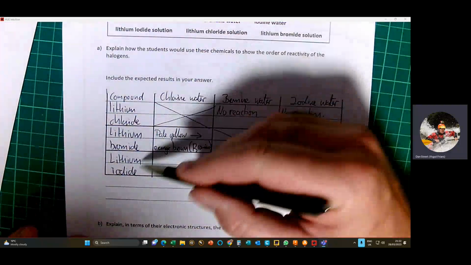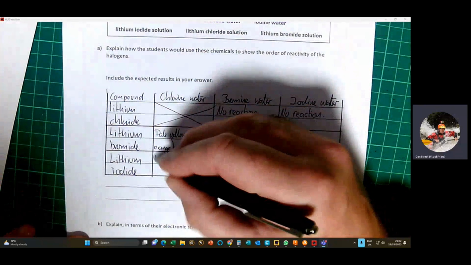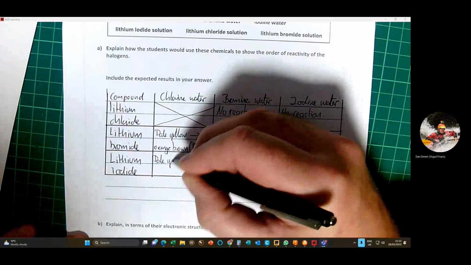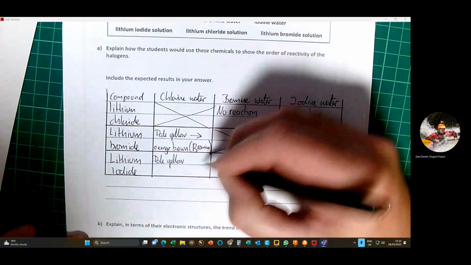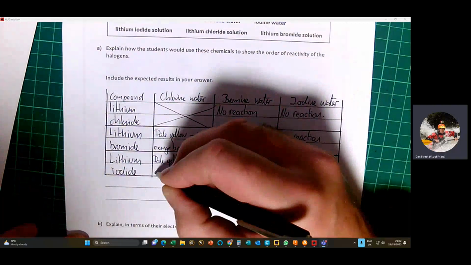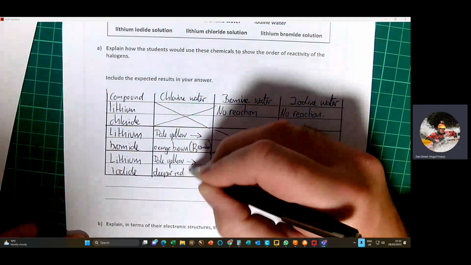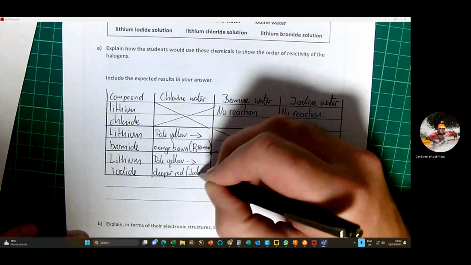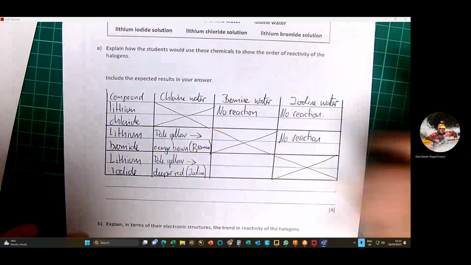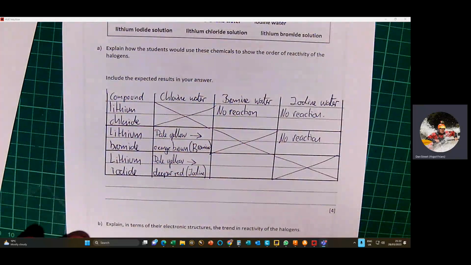If you add chlorine to lithium iodide, then again the pale yellow goes to a deeper red color, and that's due to the presence of iodine. So there is a reaction there.